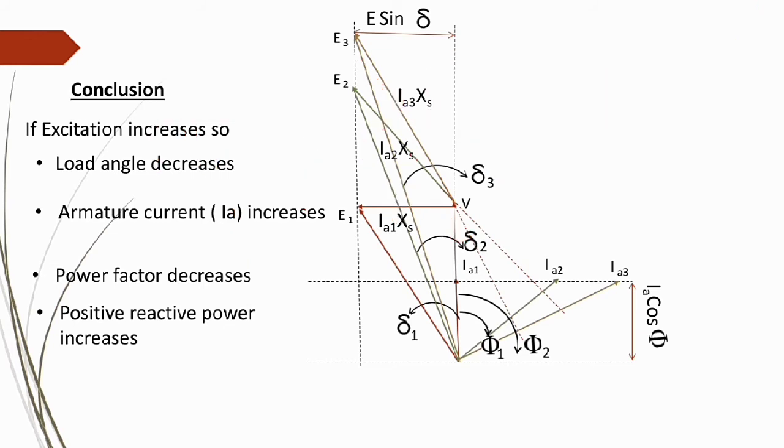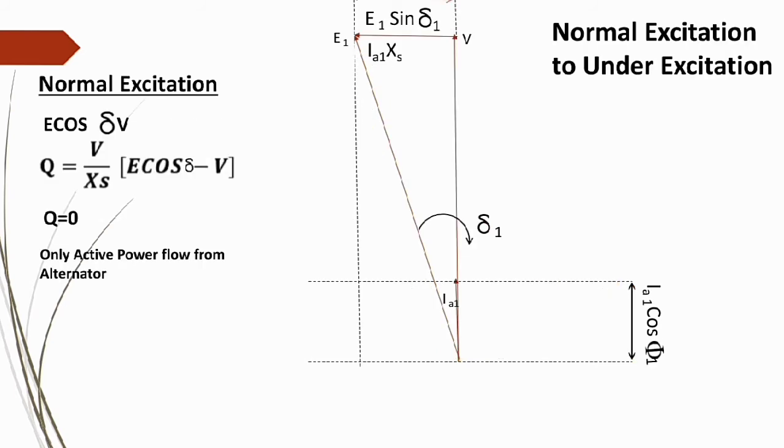So through this way you can say the positive reactive power increases. Next one, in my previous discussion we talked about varying the excitation from normal excitation to over excitation. In this case we vary from normal excitation to under excitation. So first, like the previous one, E cos del equals V. This is the condition of normal excitation.